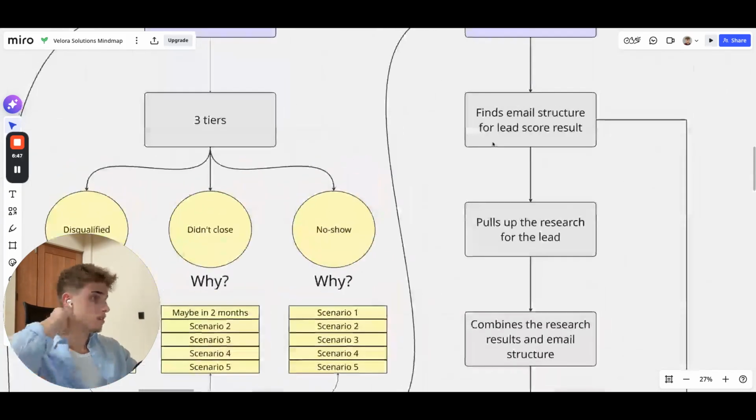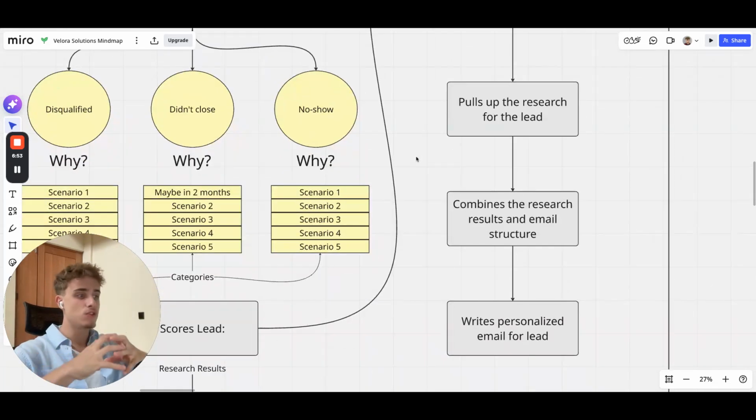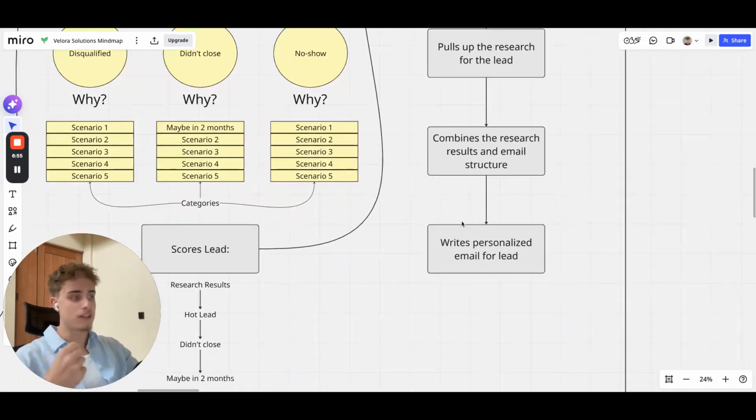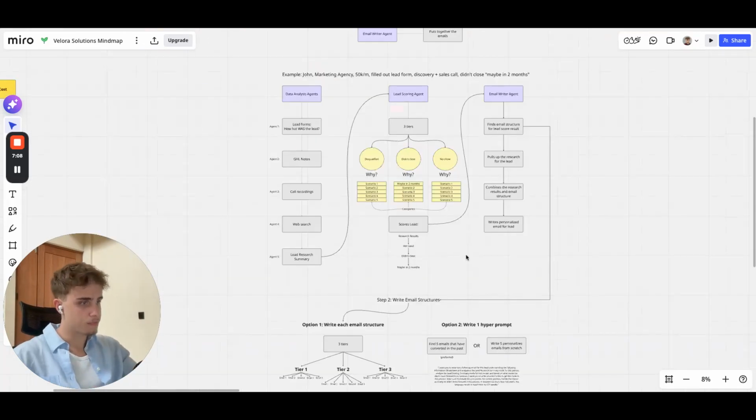And that's how it's going to be personalized. So it's going to find the email structure for the lead score result, pull up the research for the lead, and combine these two and write the actual personalized email for the lead. Because if we know where he stands, if we know the category of why he didn't close, and if we know everything about the prospect, then we can make this message as personalized as humanly possible.